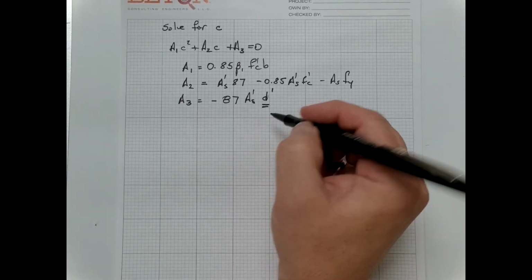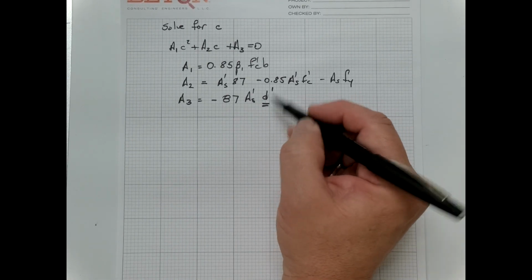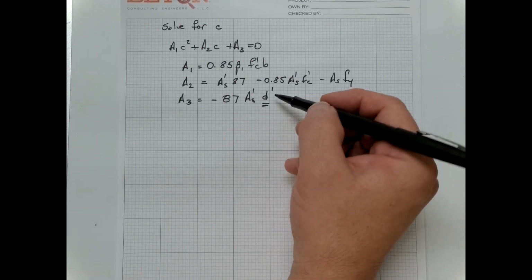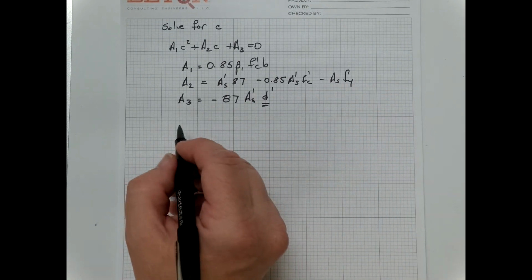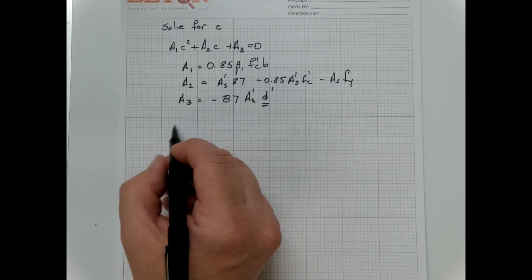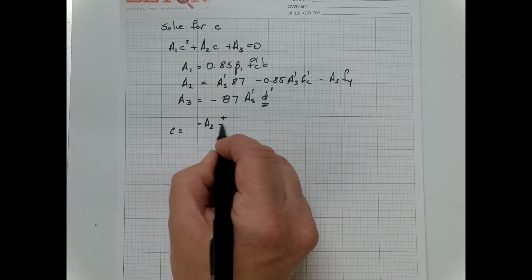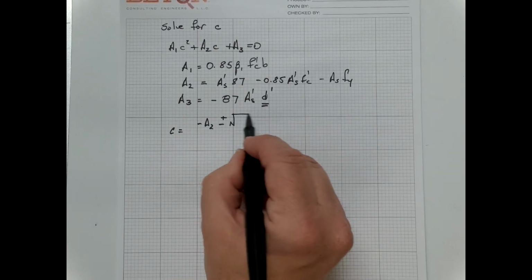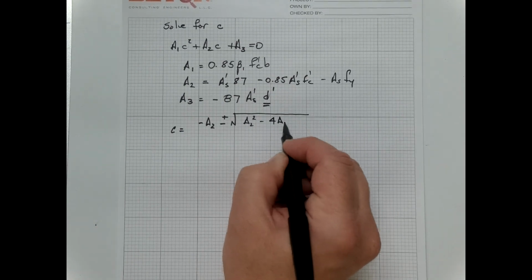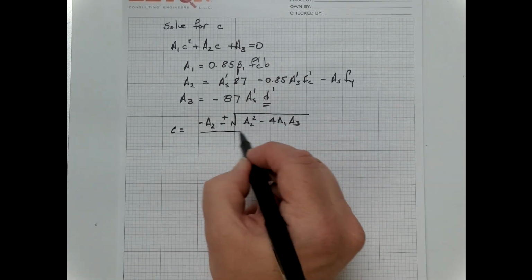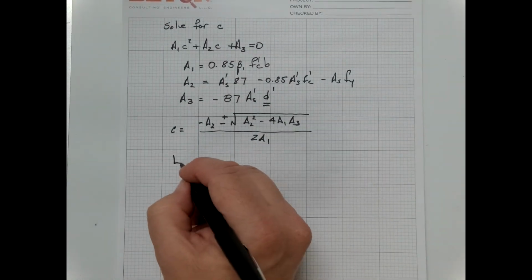Those of you who are in the Tuesday class, when we derived this, we missed the prime. That's why our numbers were so funky. So that is the correct equation. And then, once we know that, we can calculate that C is equal to minus A2 plus or minus the square root of A2 squared minus 4 A1 A3, all over 2 A1, which gives us a solution for C.